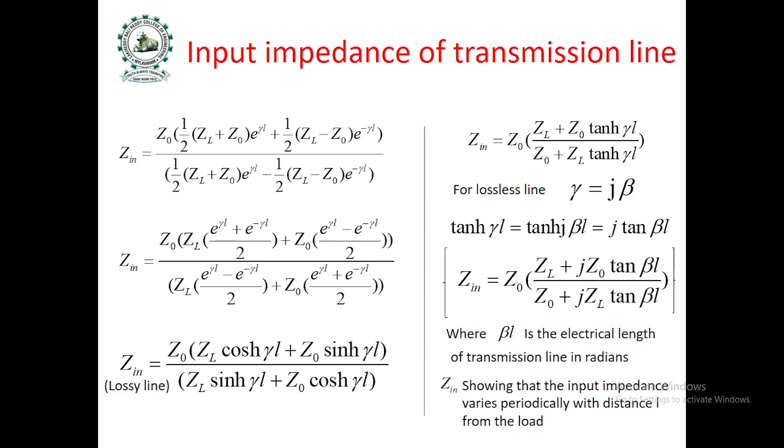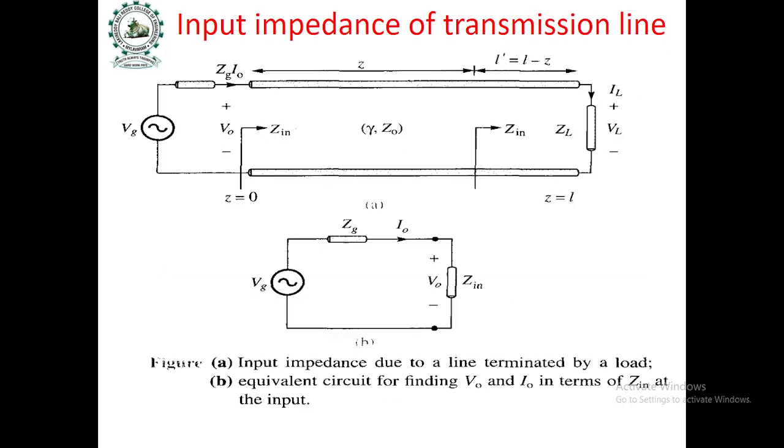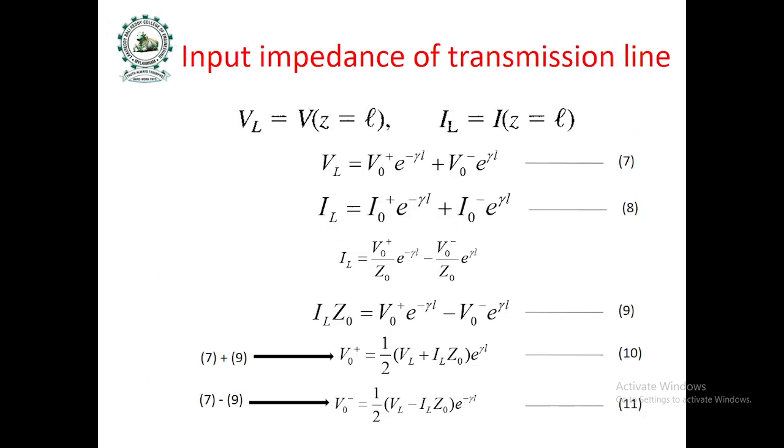For a lossless line, gamma equal to j beta. So input impedance of transmission line is Z0 into ZL plus jZ0 tan beta L by Z0 plus jZL tan beta L. Here ZL is load impedance, Z0 is line impedance, the characteristic impedance of transmission line.